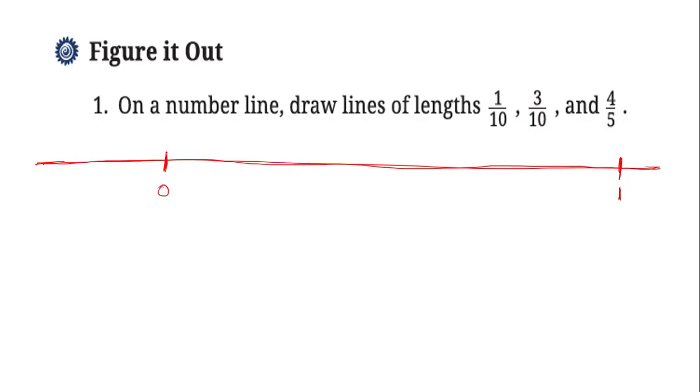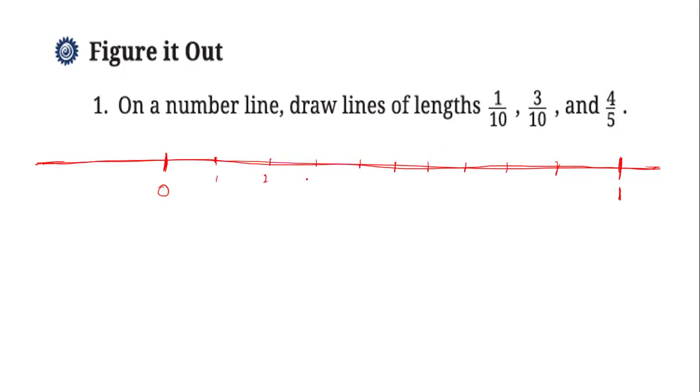Make this 1 unit. Divide this 1 unit into 10 equal parts. That means 1, 2, 3, 4, 5, 6, 7, 8, 9, 10.